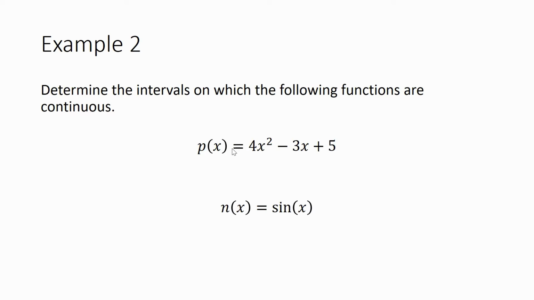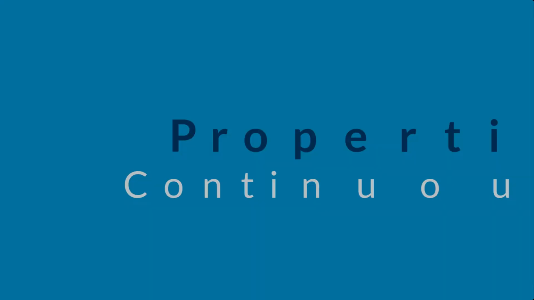That was essentially saying that these polynomial functions are continuous everywhere. So polynomial functions are continuous everywhere. Sine is another function which is continuous everywhere. There's lots and lots of other functions which are continuous everywhere.